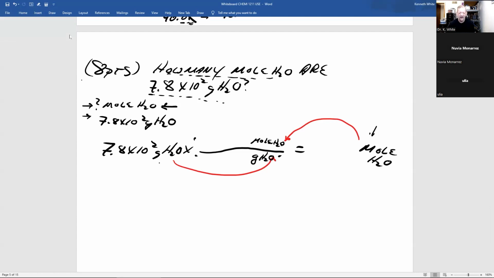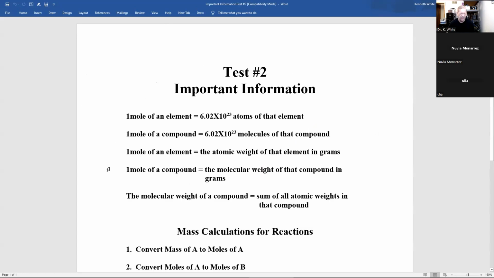And where do we find a relationship of moles of water, which is a compound, to grams of water, which is a compound? Well, in case you forgot, look at important information test number 2.